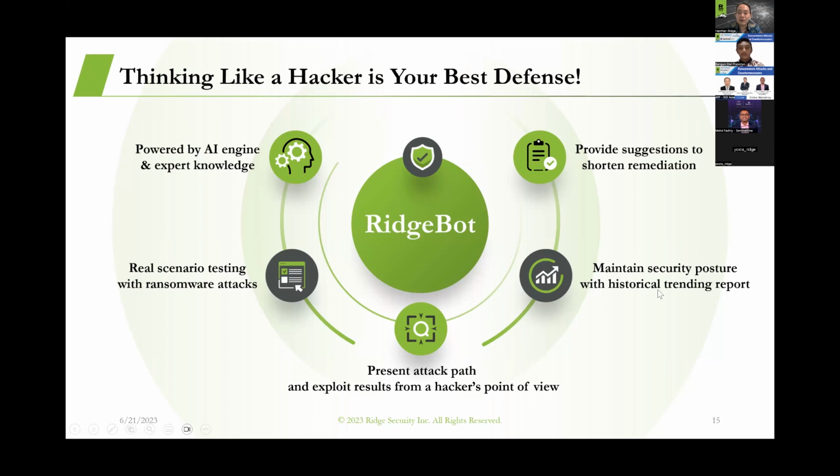So there's a historical posture with trending report. And last but not least, we provide suggestions to meet the remediation and vulnerability management time cycle, because time is of essence. You can no longer patch so many vulnerabilities, which has eliminated the false positive possibility.